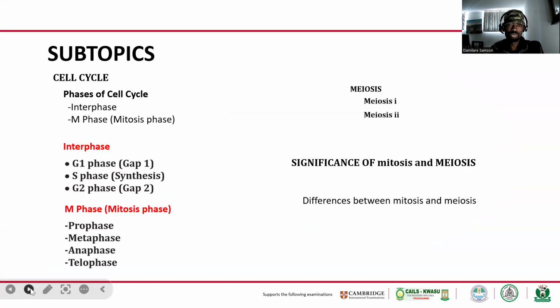Now, the topics we'll be examining here are the phases of the cell cycle, which are the interphase and the M phase. The M phase is the mitosis phase, or we say mitotic phase. The interphase is the G1, the S phase, and the G2 phase.